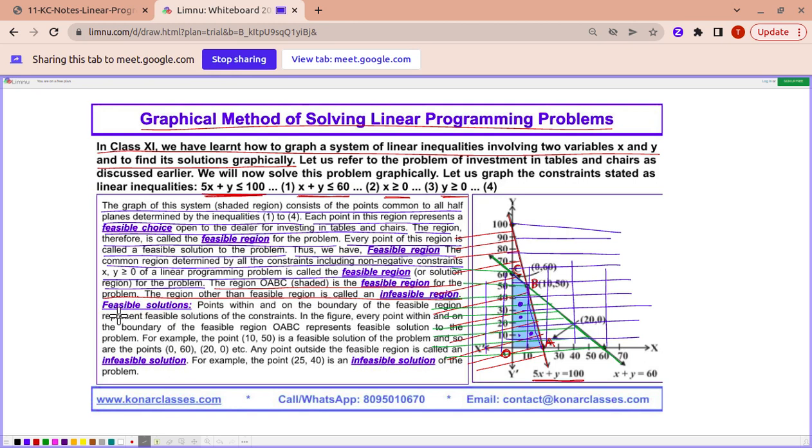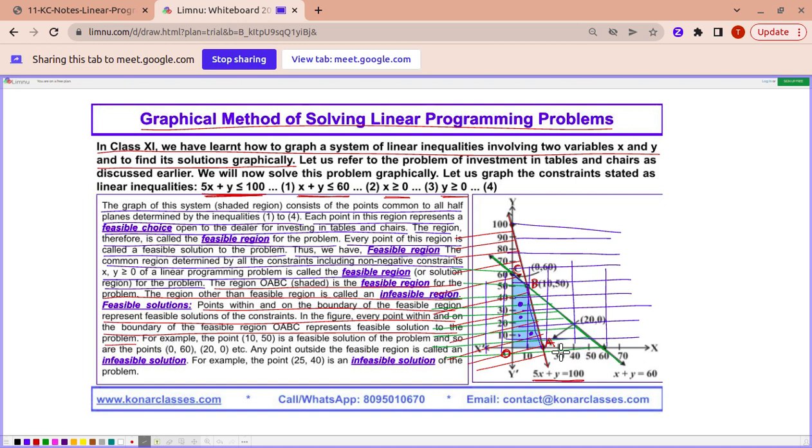Now what is a feasible solution? The points within and on the boundary of the feasible region represent feasible solutions to the constraints in the figure. So if you look at the figure, every point within and on the boundary of the feasible region OABC represents a feasible solution to the problem. For example, if we take the coordinates of the point O, 0, 0, that is a feasible solution.